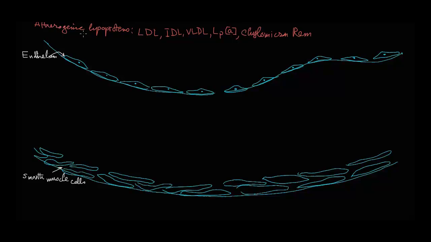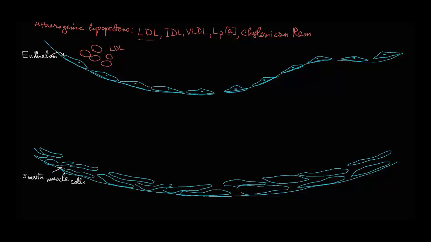So these are the atherogenic lipoproteins, but the most important is the LDL. These atherogenic lipoproteins accumulate in the bloodstream like that. So let us say the LDL as representative of the atherogenic lipoproteins.